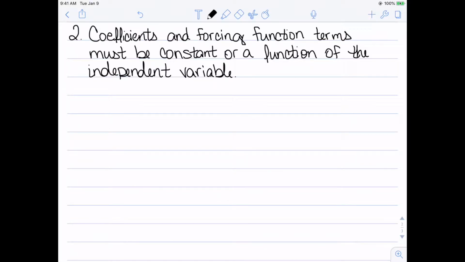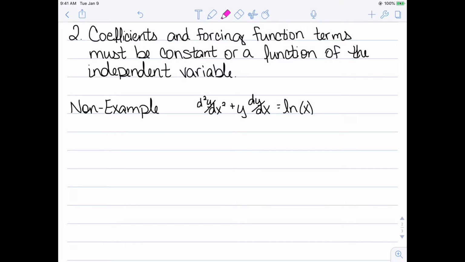The second condition says that coefficients and forcing function terms must either be constant or a function of the independent variable. So the things in front of the derivatives as well as the forcing function must be either just a constant number or must depend only on our independent variable.